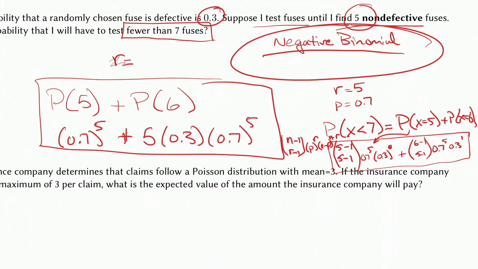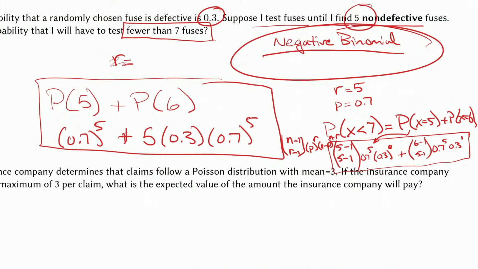So that's why this works, because it's 1 times 0.7 to the fifth. And then this is 5 choose 4, which is actually just 5 times 0.7 to the fifth times 0.3 to the first. So this one might not be the best example to be using the formula for.